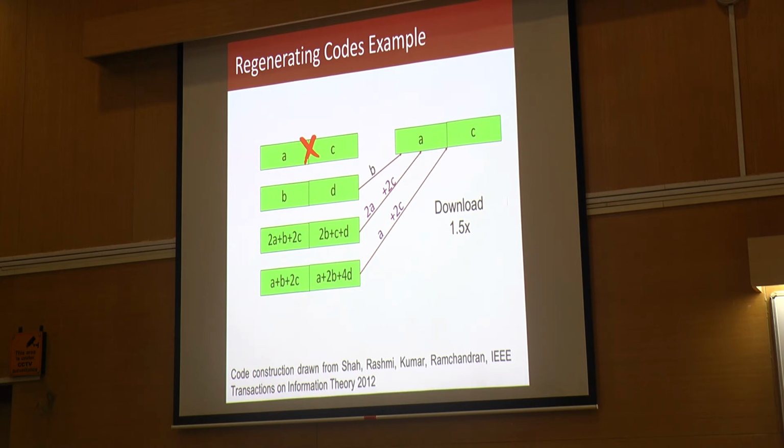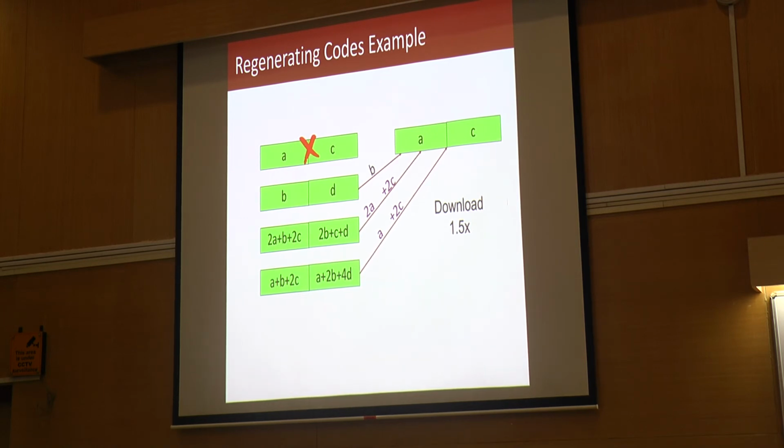So the classical MDS code required 4 symbols, whereas this code requires only 3 symbols. You can easily check that this code is still MDS, that is, you can tolerate any 2 failures. So it has retained the MDS property, the storage efficiency and fault tolerance are the same, but the reconstruction bandwidth has reduced, right?